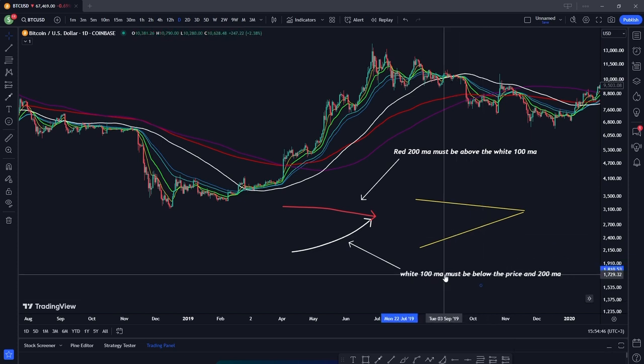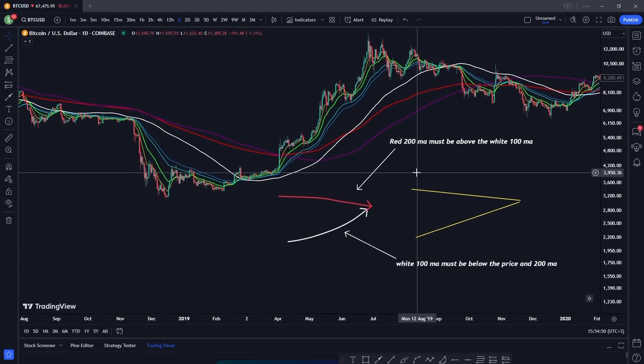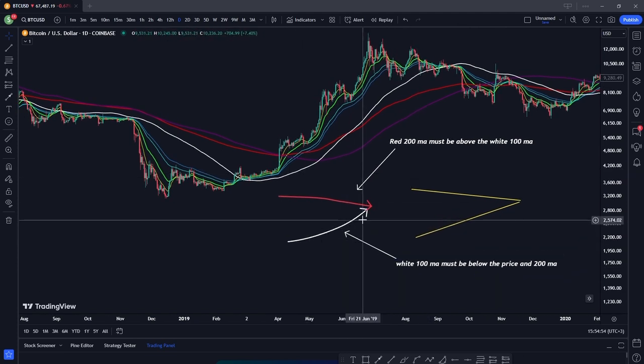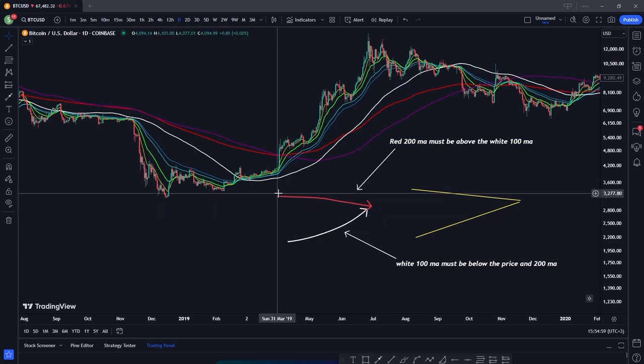So these are the two conditions to form the Apex pattern. So the master moving average, the 100-day white one, is underneath the price. The red 200 moving average is coming on top.